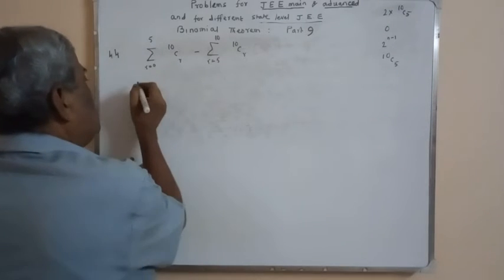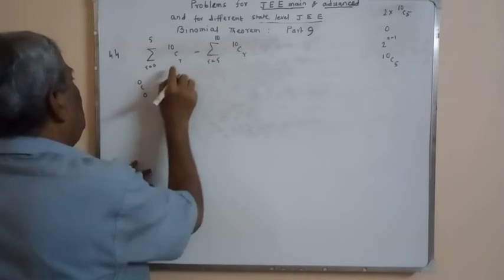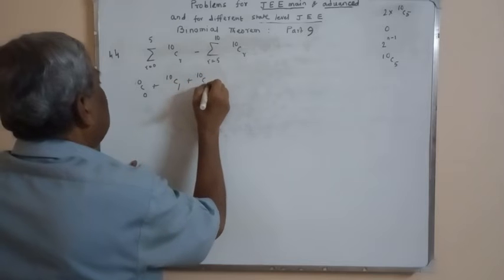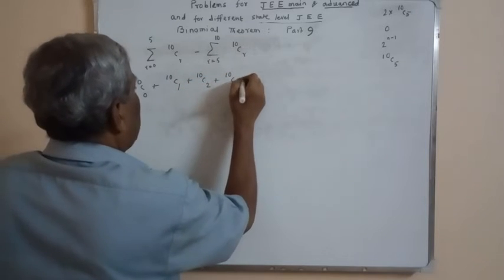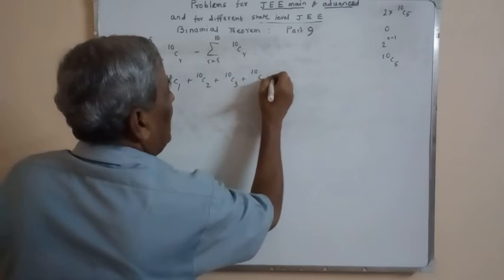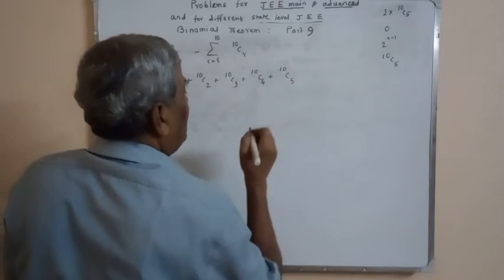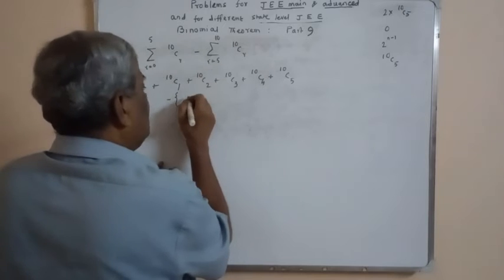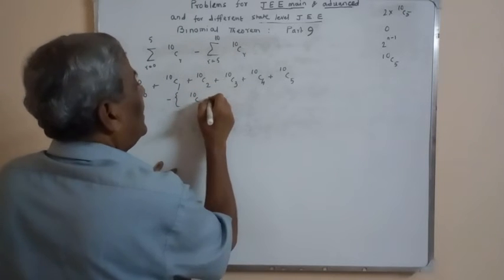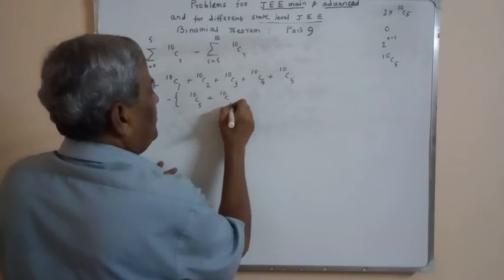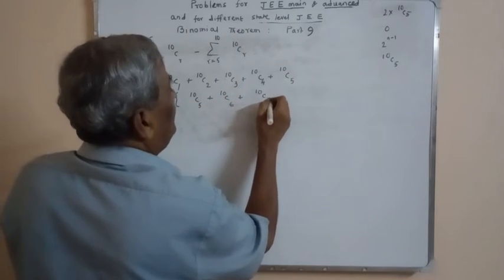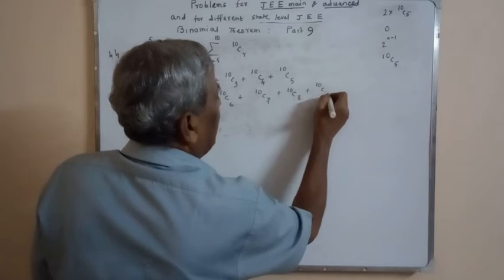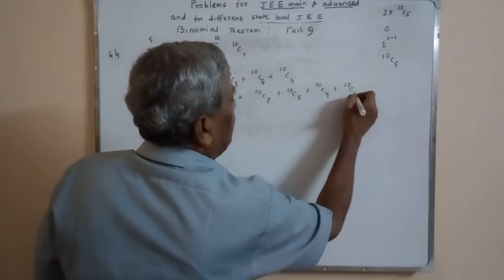After expanding, this is equal to 10C0, the first term, plus 10C1 plus 10C2 plus 10C3 plus 10C4 plus 10C5, minus 10C5 plus 10C6 plus 10C7 plus 10C8 plus 10C9 plus 10C10.